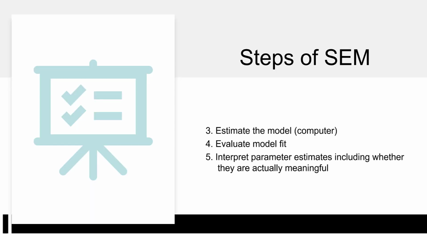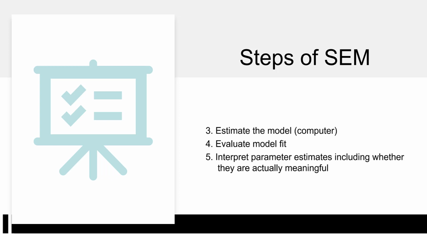All right, so the next steps of structural equation modeling: we're going to estimate the model, and the computer is going to do that. Just like exploratory factor analysis, there are different ways of estimation. Again, we'll probably let the software use the right default, but if you have something that's unique about your data, we might want to set other estimation procedures.